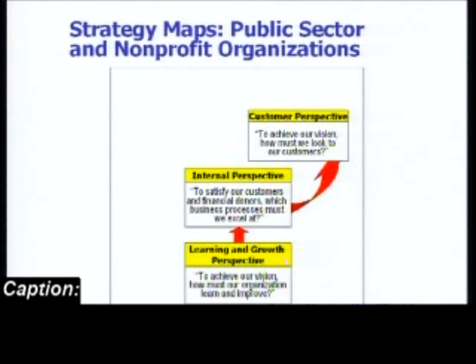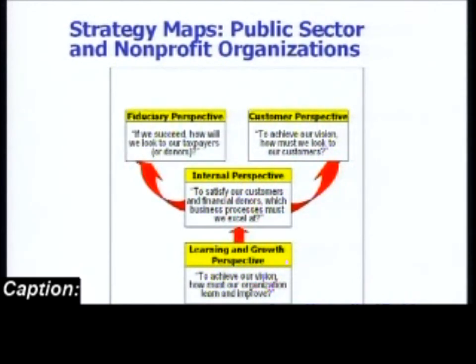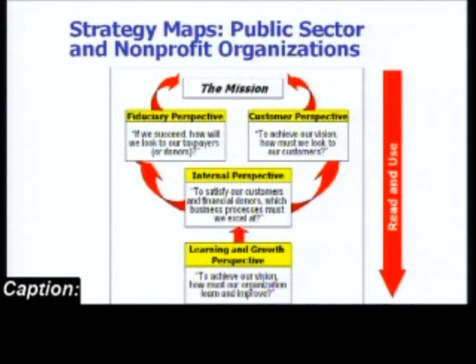This feeds into the customer perspective, which says to achieve our vision, how must we look to our customers? It also feeds into a fiduciary perspective. If we succeed, how will we look to our taxpayers or donors? And these feed into the mission. Once again, a strategy map for public sector and non-profit organisations is built from the bottom up, but it's read from the top down.